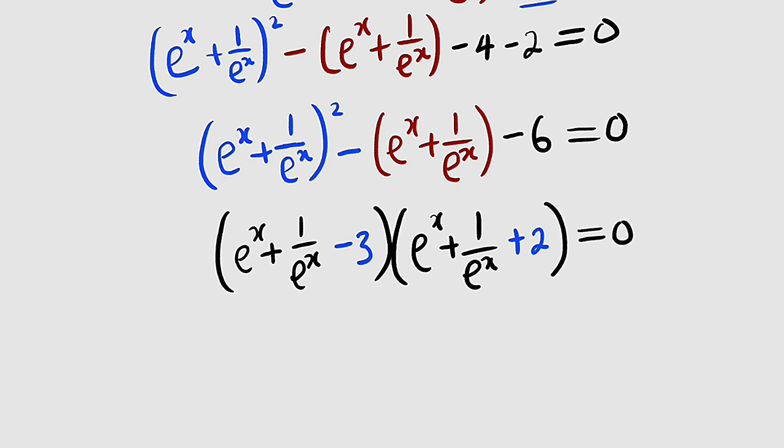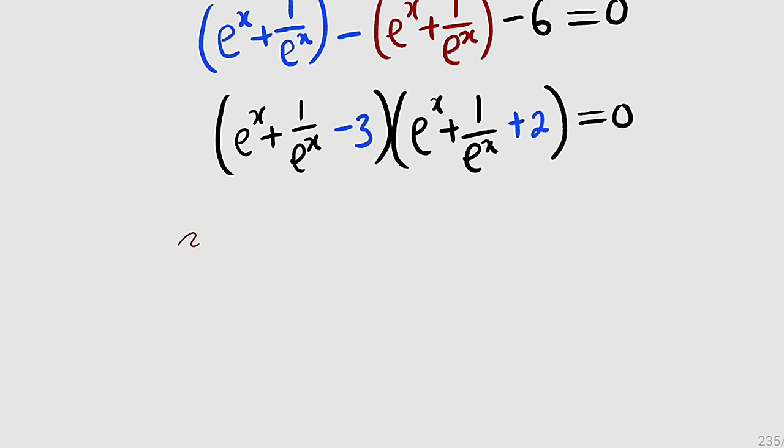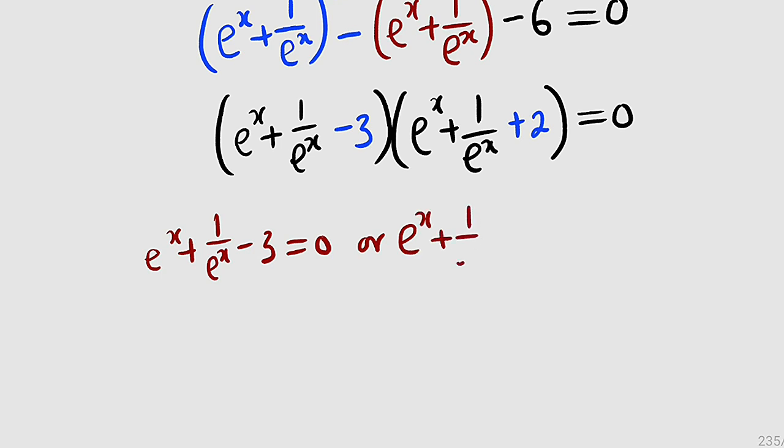So now that we have two factors multiplying each other and the result is 0, it implies that either the first or the second factor will be 0, right? So we're going to set each of them equal to 0. So we have e^x + 1/e^x − 3 = 0, or e^x + 1/e^x + 2 = 0.